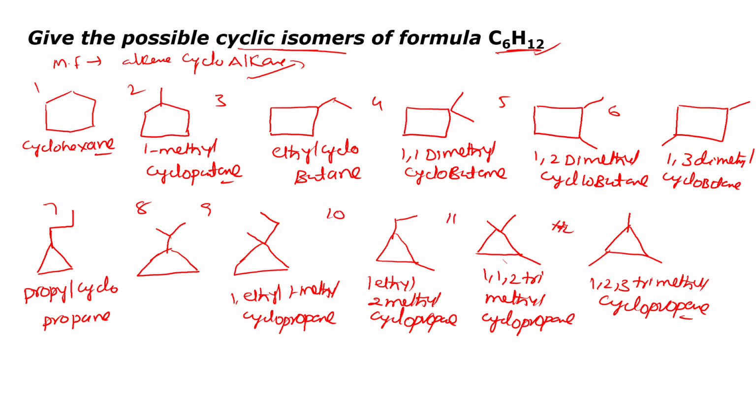So there are 12 possible cyclic isomers for C6H12. Clear? Coming to the next one, some notes are there.